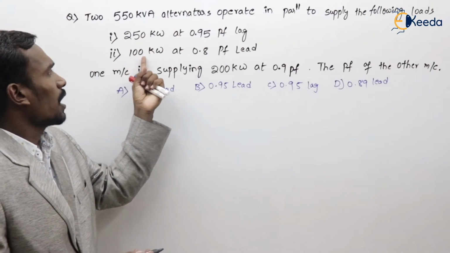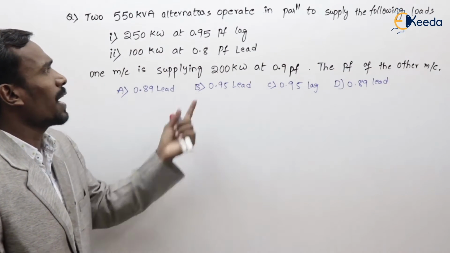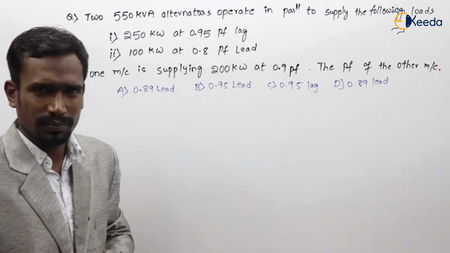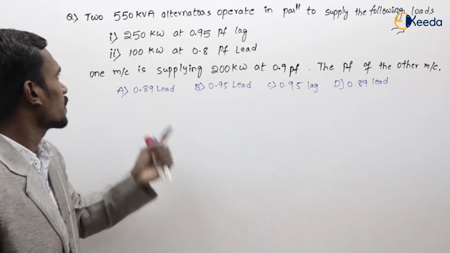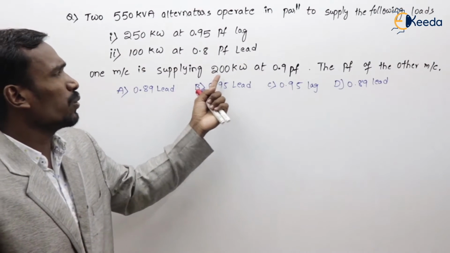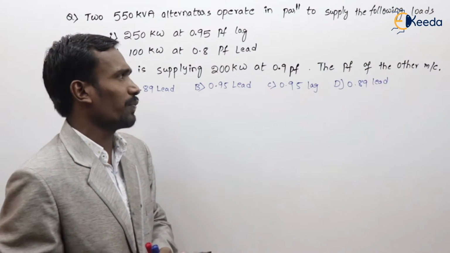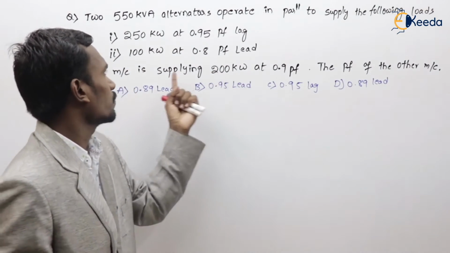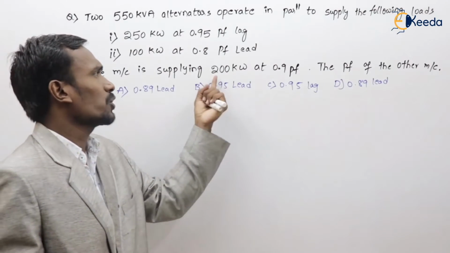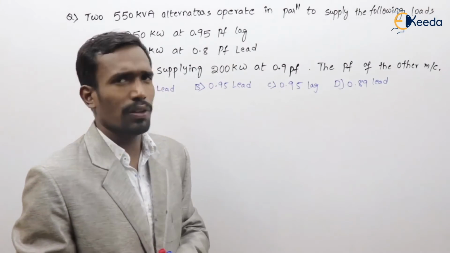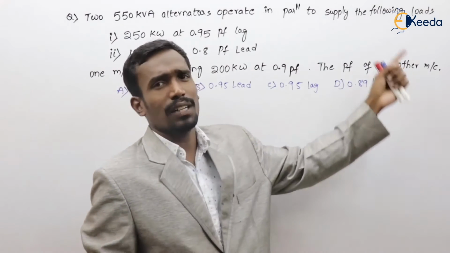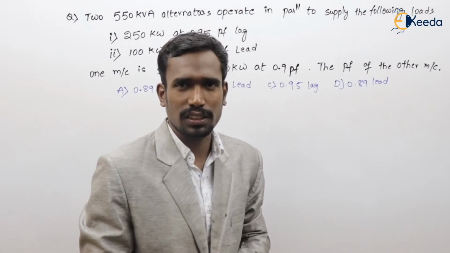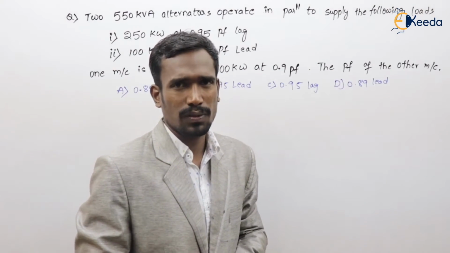The other one is 100 kilowatts at 0.8 power factor leading. One machine supplies 200 kilowatts at 0.9 power factor. The power factor of the other machine is? This is the question, right?